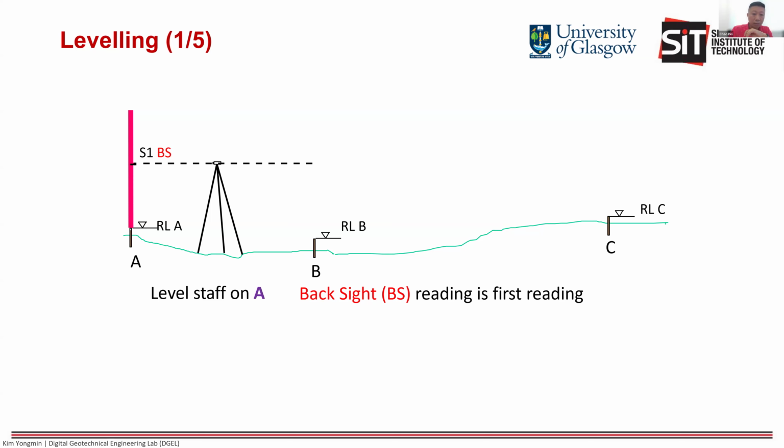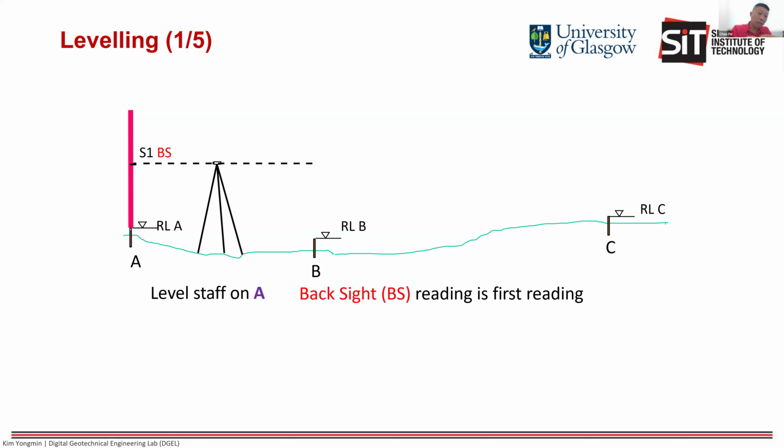So the first step is that you just assume this A is a benchmark. You know its level, and you put the staff on A. Then you get a reading of the elevation by looking through the telescope. And this is what we call backsight. The backsight is always your first reading on a known point.